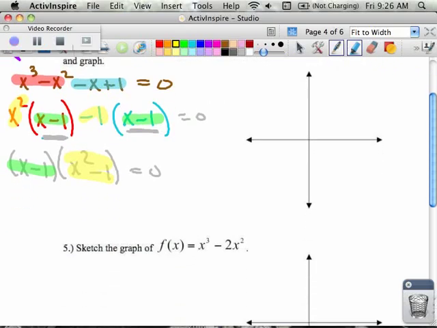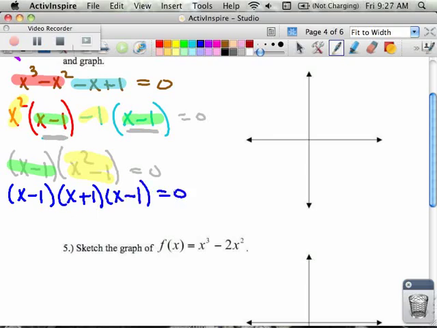Now I look into that second parentheses and I notice I can factor that. So I keep going. I have x minus 1, and then x plus 1, x minus 1, and it's still equal to 0.